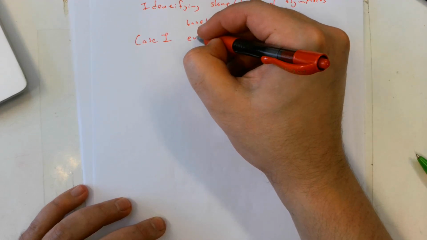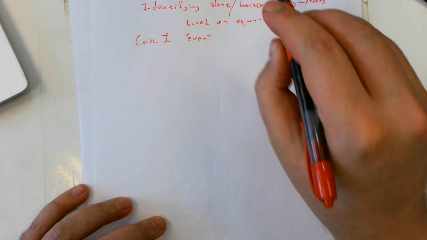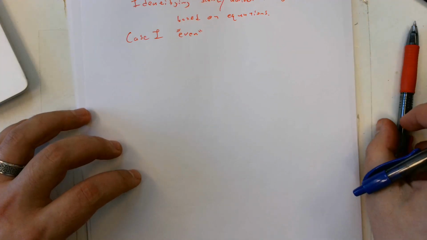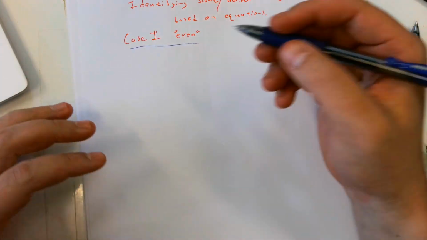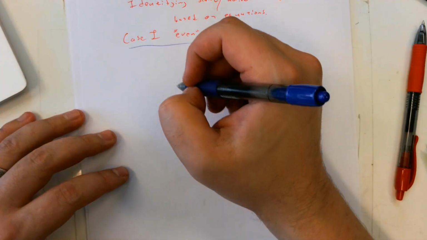Case 1 is the even case. I'm going to put that in quotation marks because that's not really an official name. Case 1 is the most exciting because that's the ratio of leading terms.